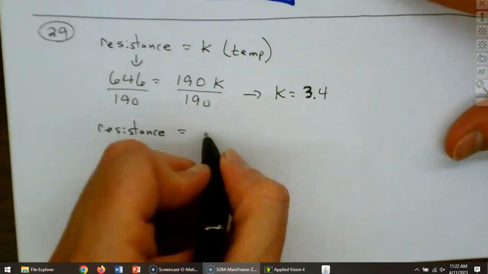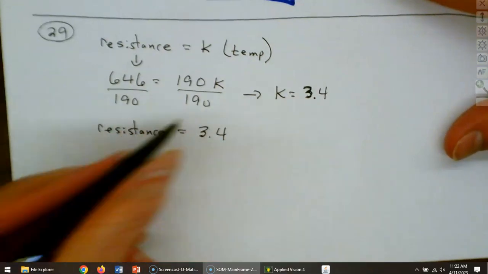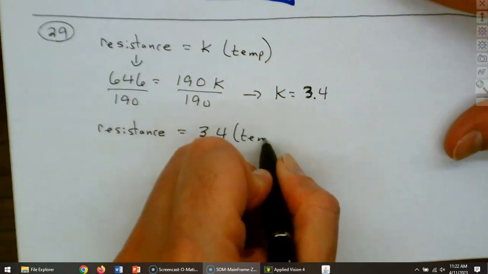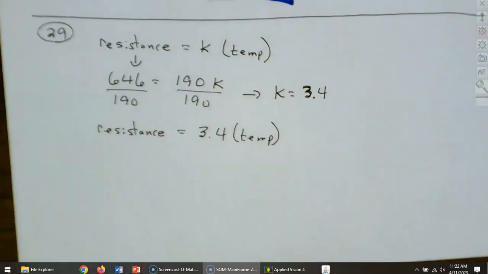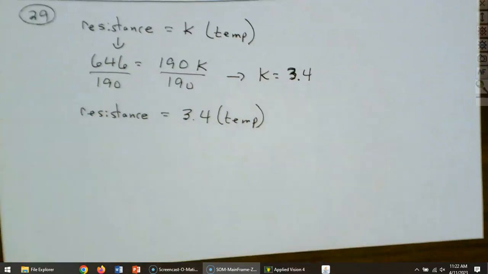Resistance of that wire is 3.4 times the temperature. There's our formula. Now, what do we want? It says find the resistance at 250 degrees Kelvin.